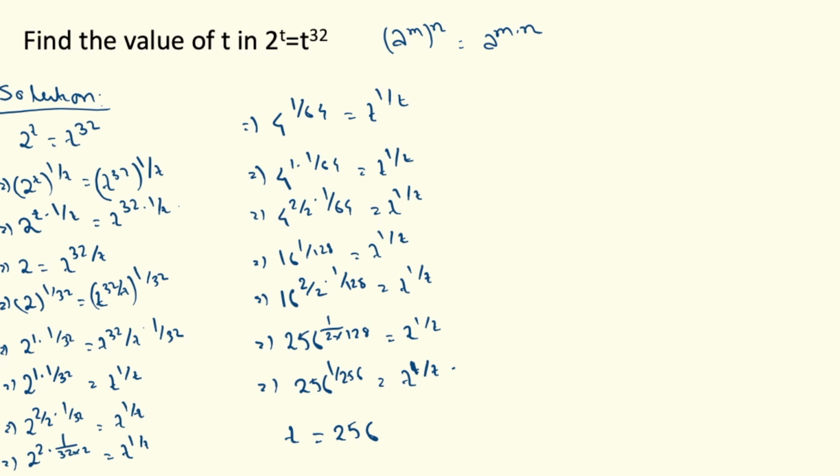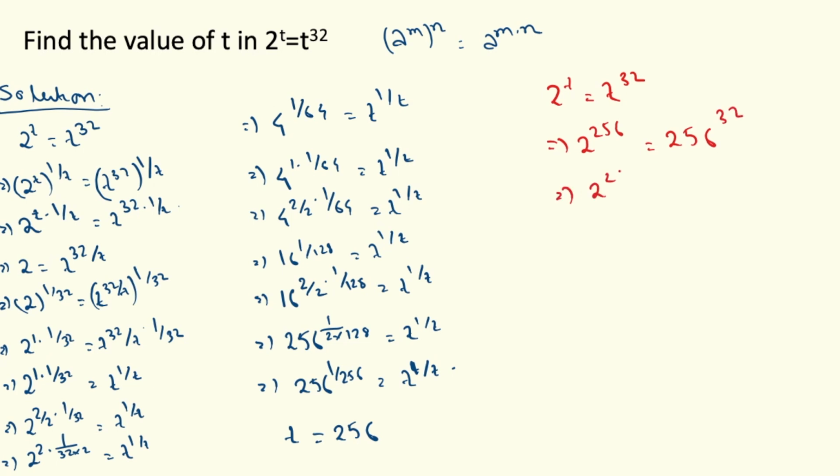Let us verify this by taking the original expression which is there in the question. So I will write down again 2 to the power t equals t to the power 32, and according to our solution the value of t is 256, hence I can write 2 to the power 256 equals 256 to the power 32.